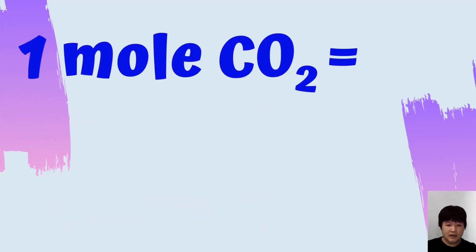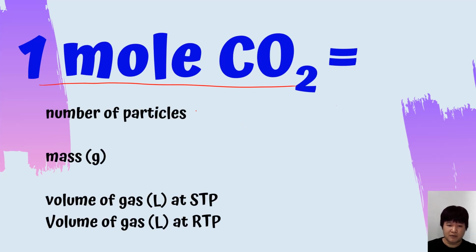Another example that I have on the screen is 1 mole of carbon dioxide. So when I have 1 mole of carbon dioxide, how many particles am I having? 1 mole again is equal to 6.02 times 10 to the power of 23 carbon dioxide molecules.